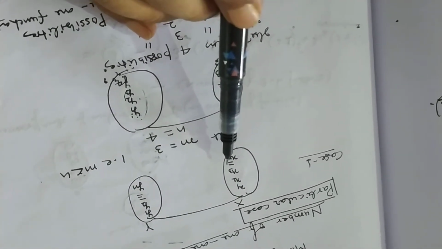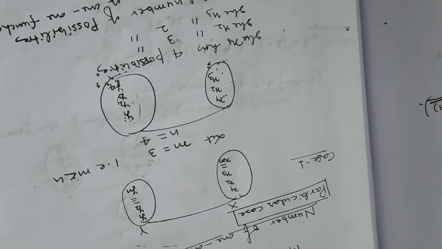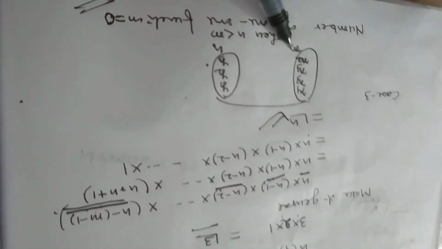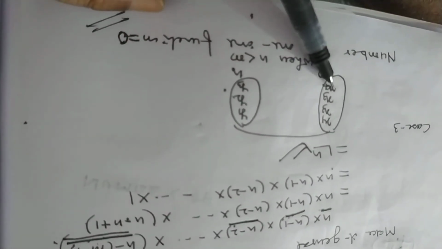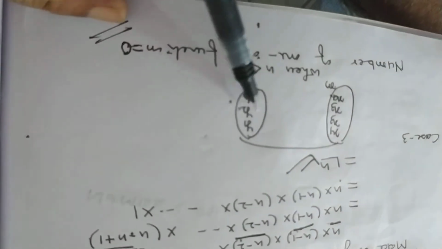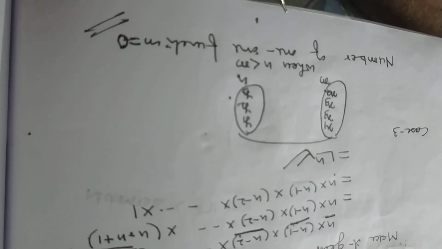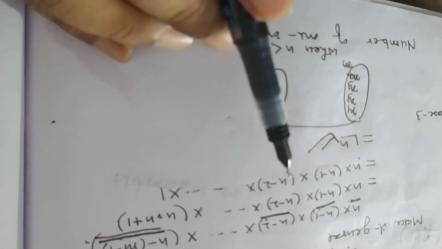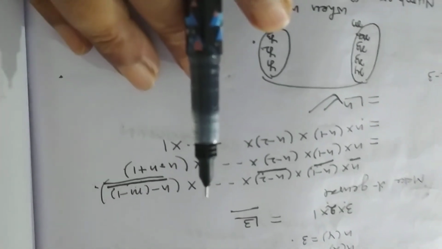So in the case when n is less than m, the number of one-one functions will be 0. In this way, we have already discussed all 3 cases. I hope you have understood. Thank you. Thank you very much.